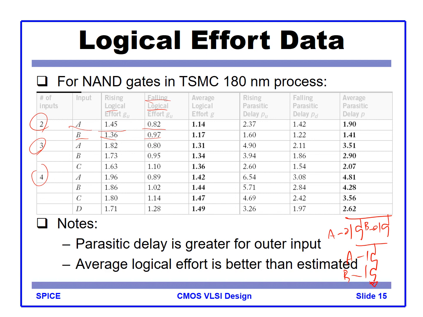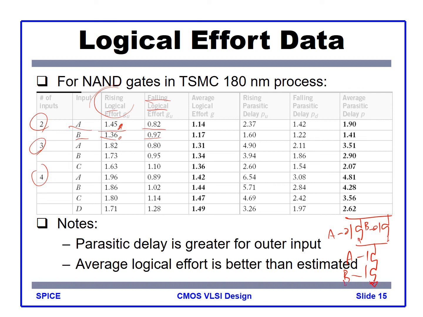A is on the top of the pull down network, and B is on the bottom. For rise time logical effort, A is larger than B, meaning the A input is slower for the rise time.